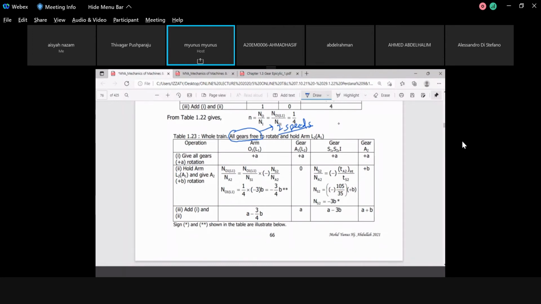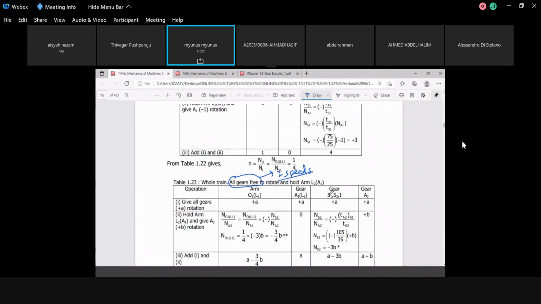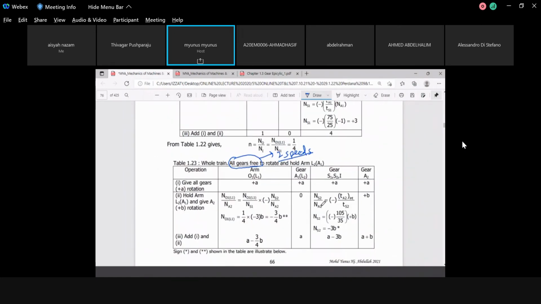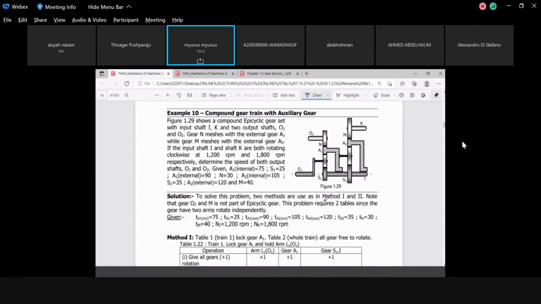Okay. So here we already completed the whole of table 1 and table 2, and we are assuming that in table 2 the gear is running freely, as there is no statement mentioning locking any part of the gear.